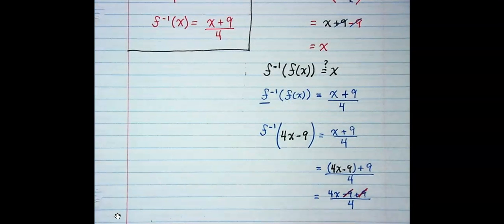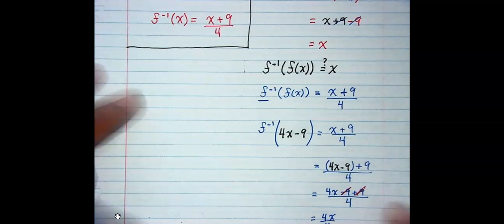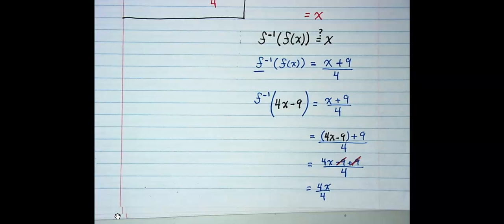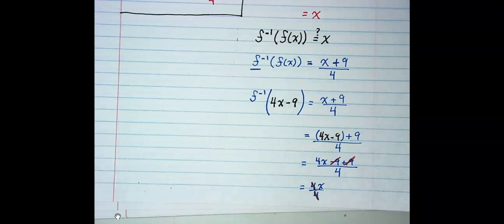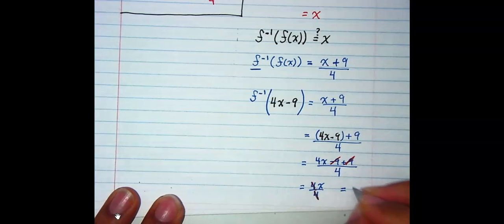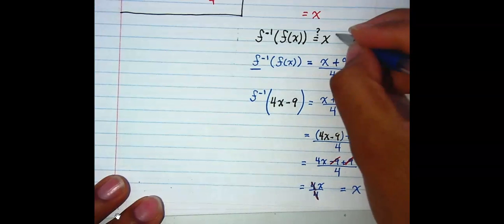We get 4x over 4, and here we have a 4 on top, 4 on bottom. Those cancel out, and we're left with just x again.